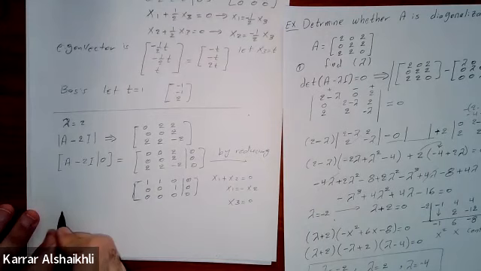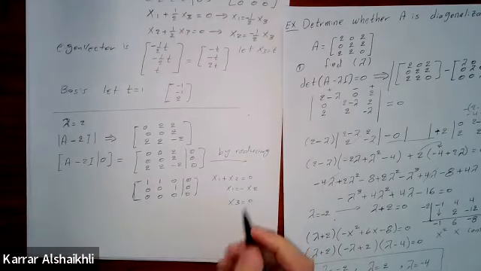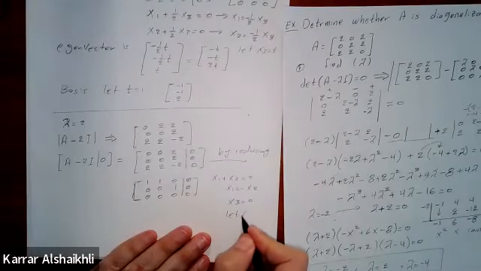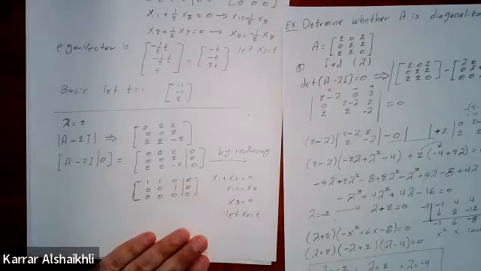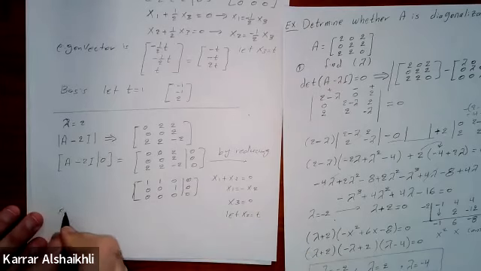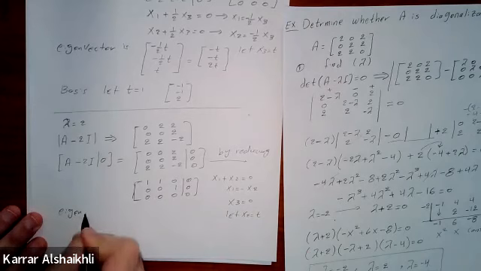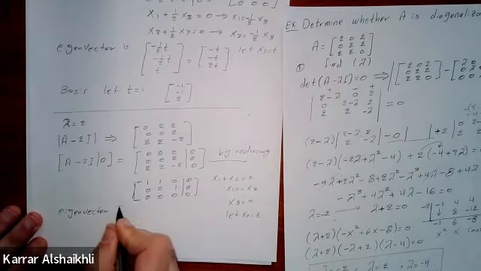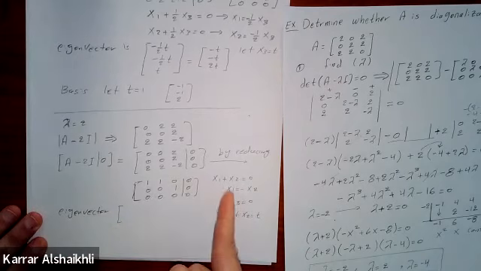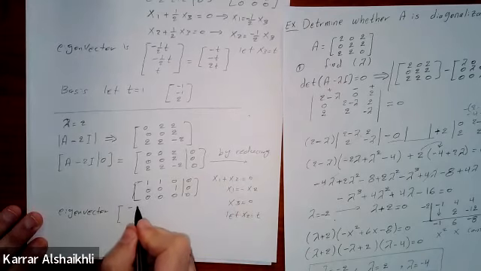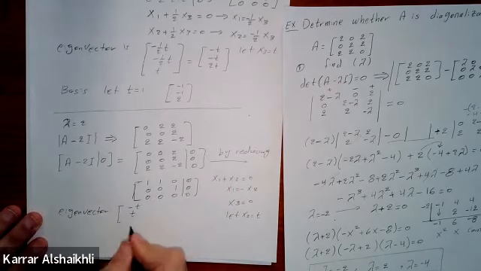So for the eigenvector, let X2 equal T. The eigenvector is X1, which is negative T, X2 is going to be T, and X3 is 0.